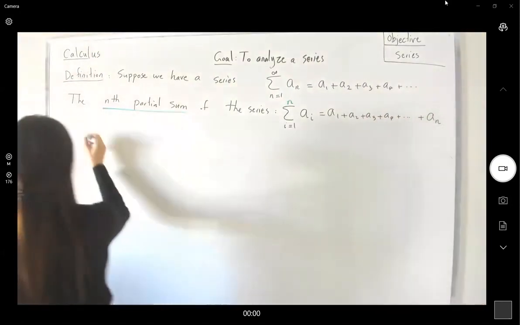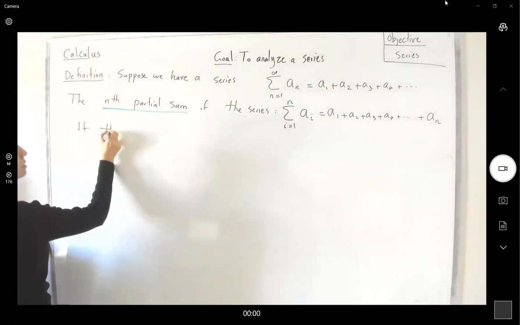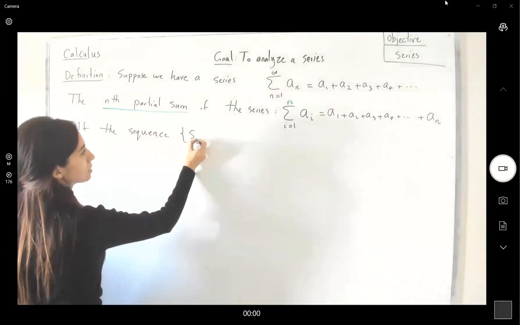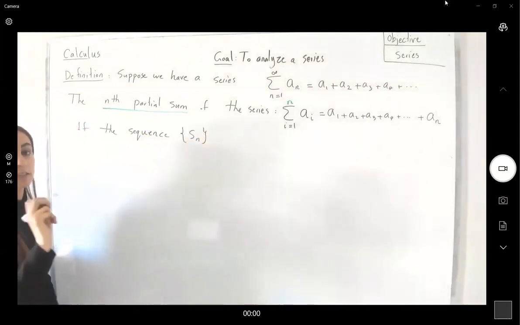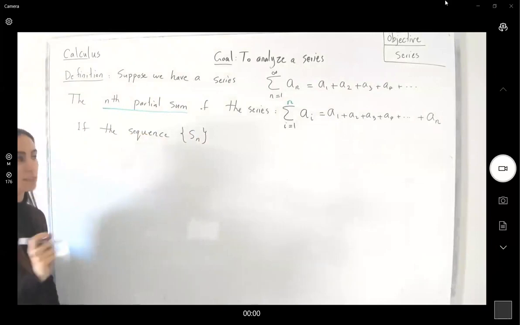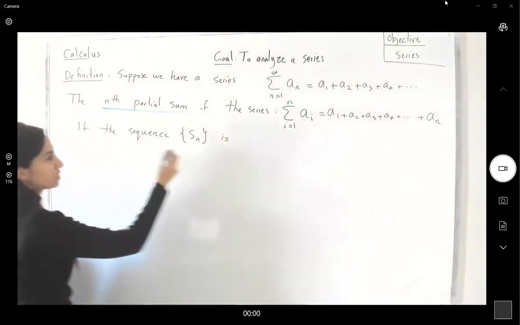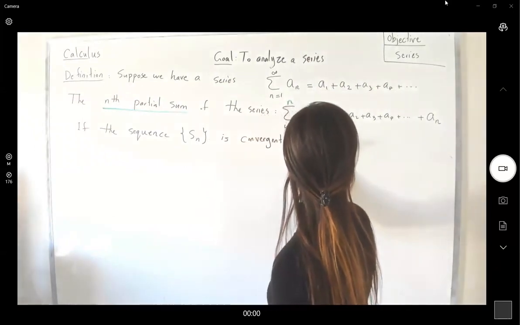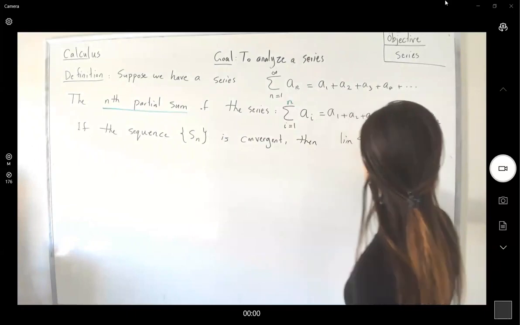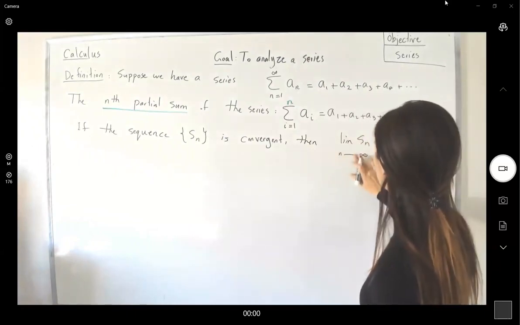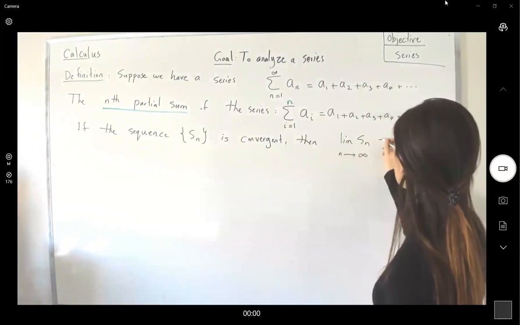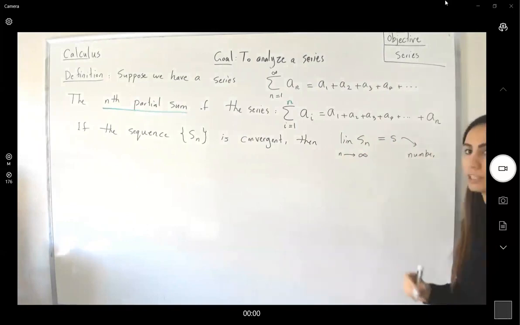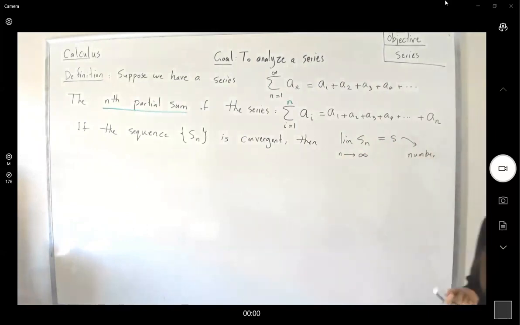We say that if the sequence S sub n is convergent, then its limit is equal to a unique number like S. It's not infinity, it's just a fixed number and it is unique.